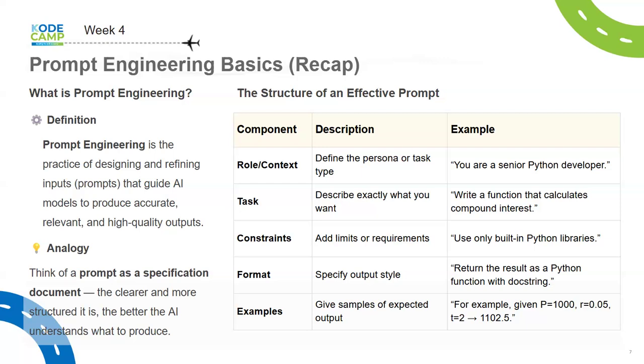A prompt becomes another piece of your software, of your source code. This is the fact. Think of a prompt as a specification document. The clearer and more structured it is, the better the AI understands what to produce. A prompt, for me, is a program that you have written.